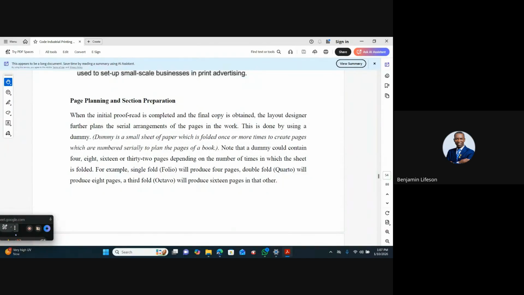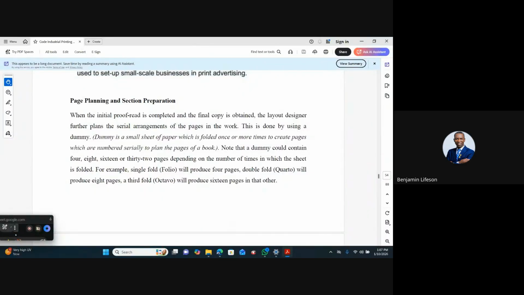Then if you say section, it involves dividing large publications like magazines, books, and newspapers into manageable parts or sections for easier layout and printout.